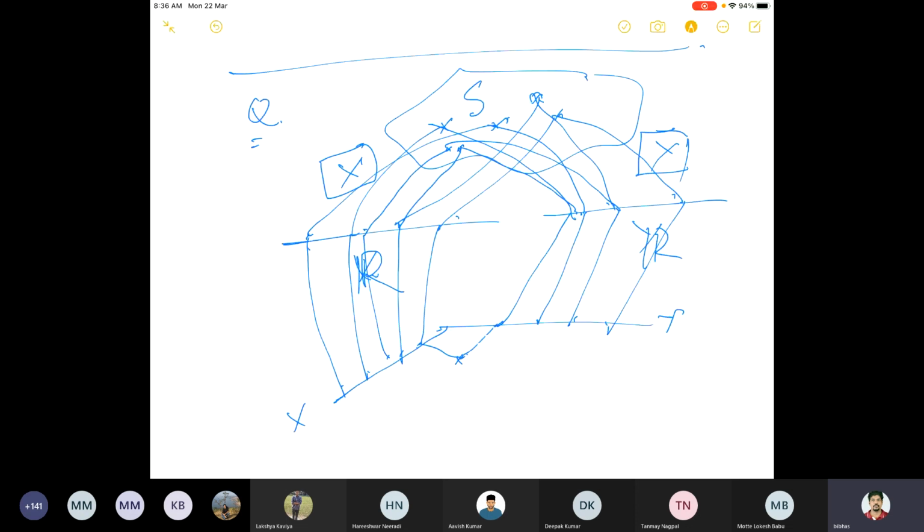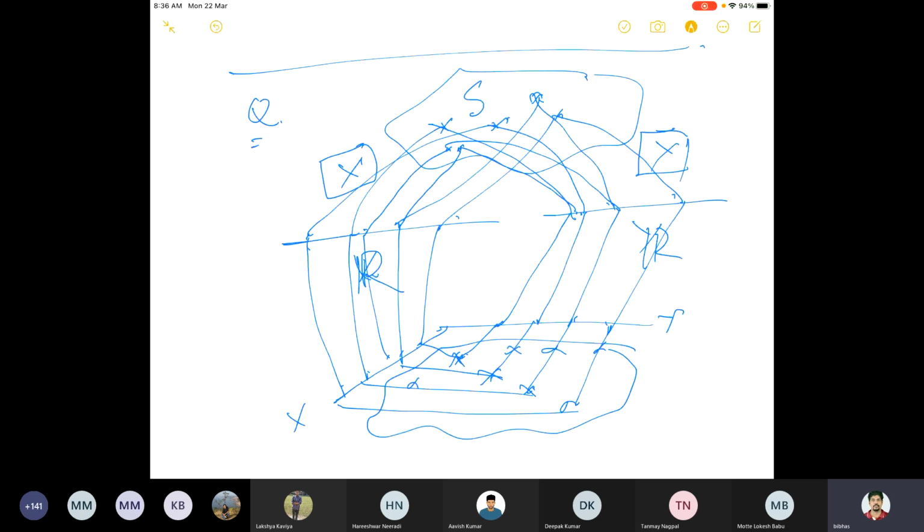So basically, this could be anything, like some space, a subset of the xy plane.